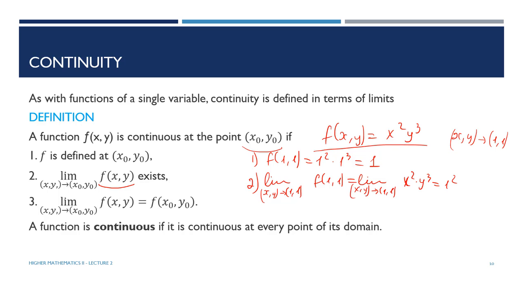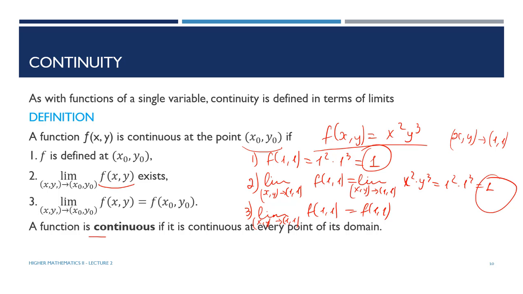Just plug in these numbers here, 1 squared, 1 cubed, which is 1. And the third one says these two should be equal to each other. They are equal, because this is 1 and that one is also 1.